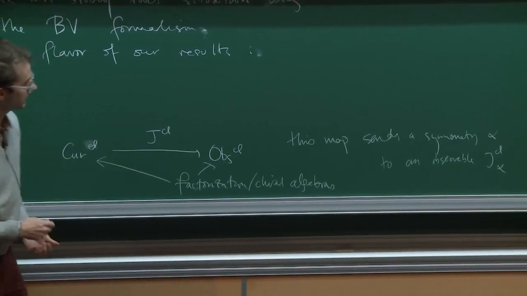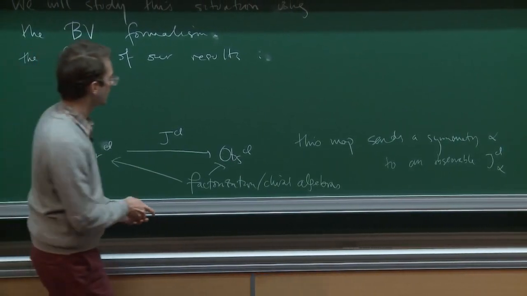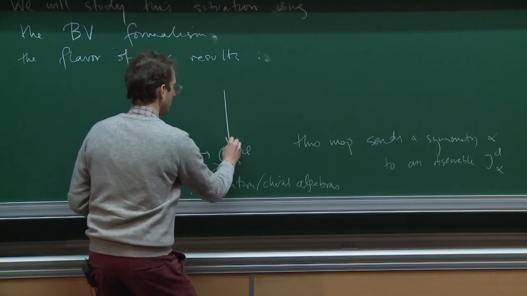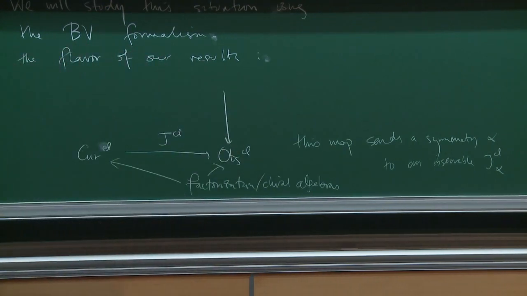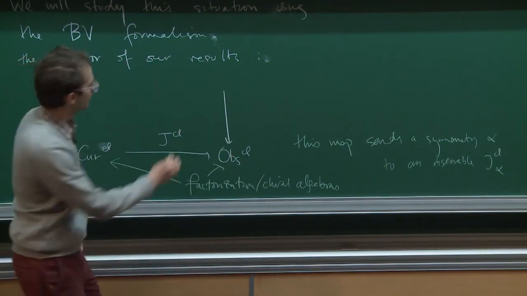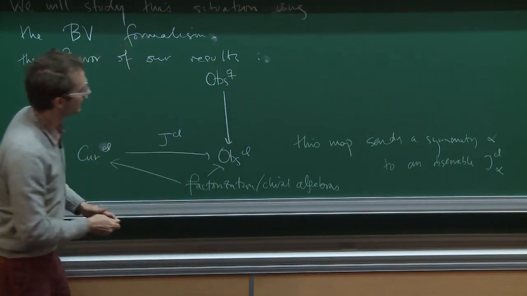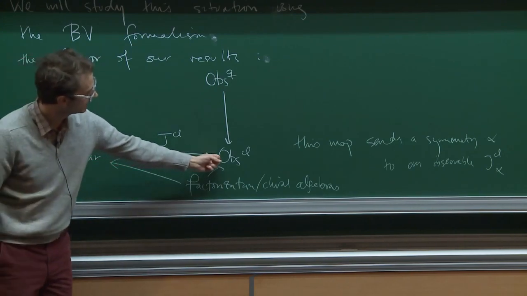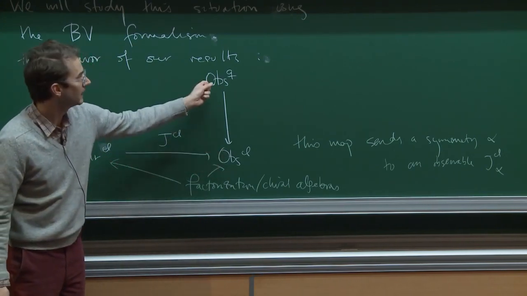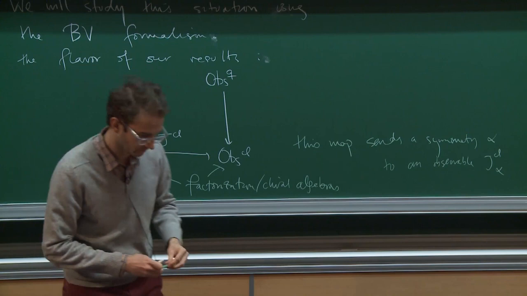Symmetries determine observables. Now, in the Batalin-Vilkovisky formalism, when you quantize, you end up producing a deformation of the classical observables in a way that depends on h bar.